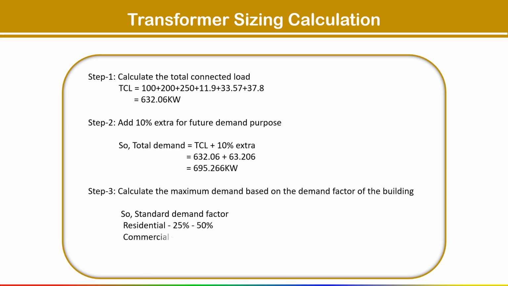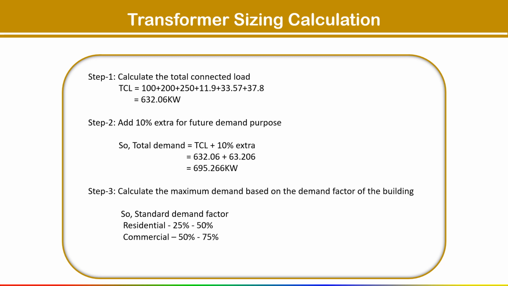Next, for commercial, the demand factor range is 50% to 75%. The demand factor for commercial building can vary, but generally falls between 50% and 75%. Commercial establishments may have more simultaneous usage due to office equipment, lighting, HVAC system, and other business related activities.